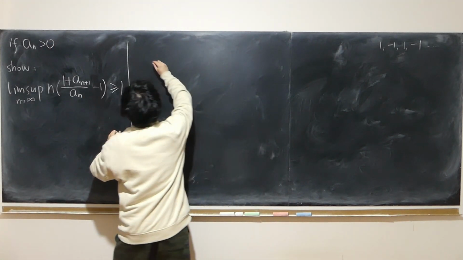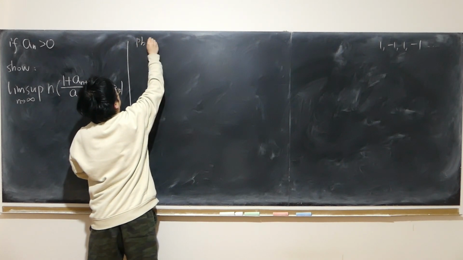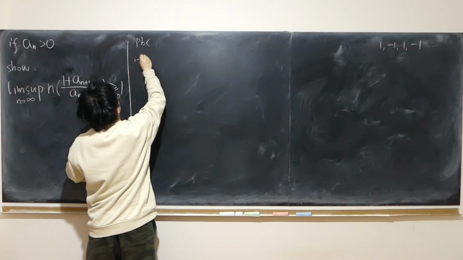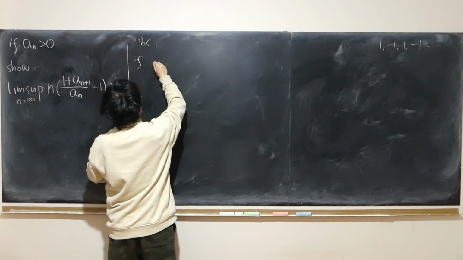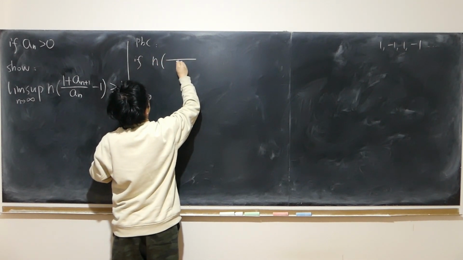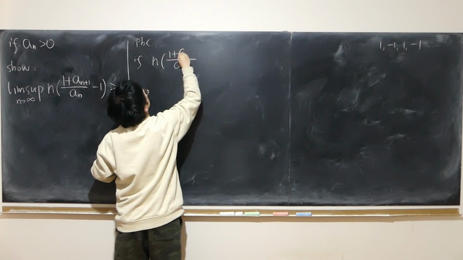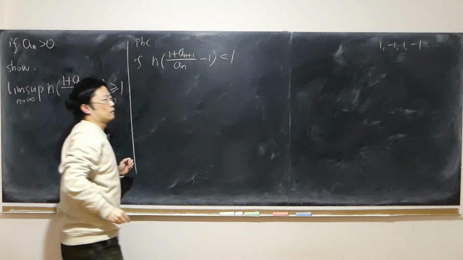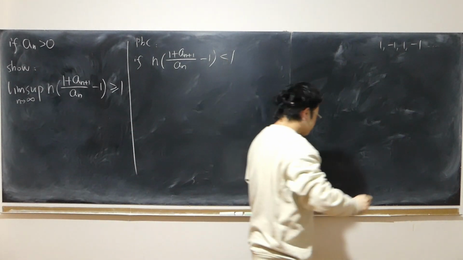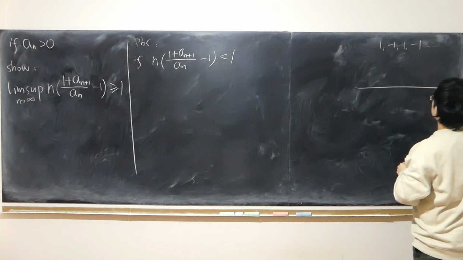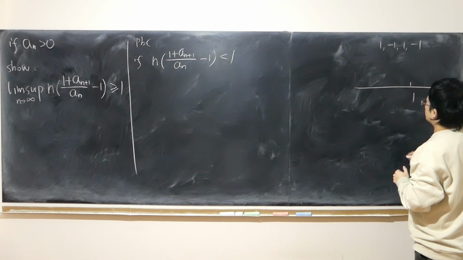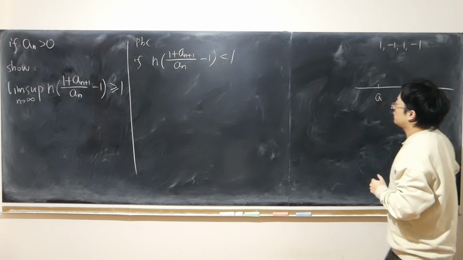Well, first, of course, we prove by contradiction. Let's assume that it is less than 1, what's going to happen? Say here is 1, there is a.